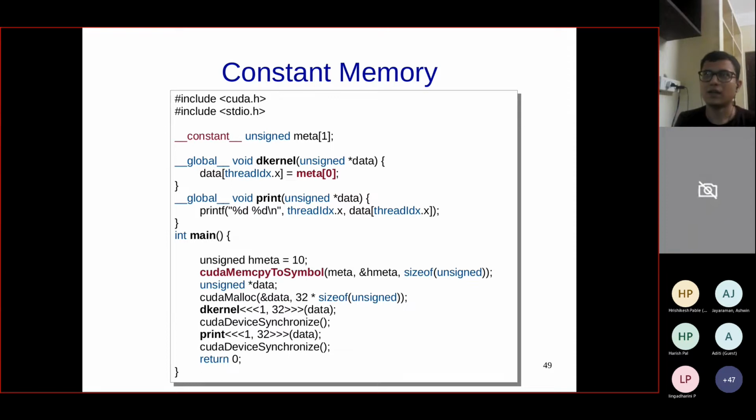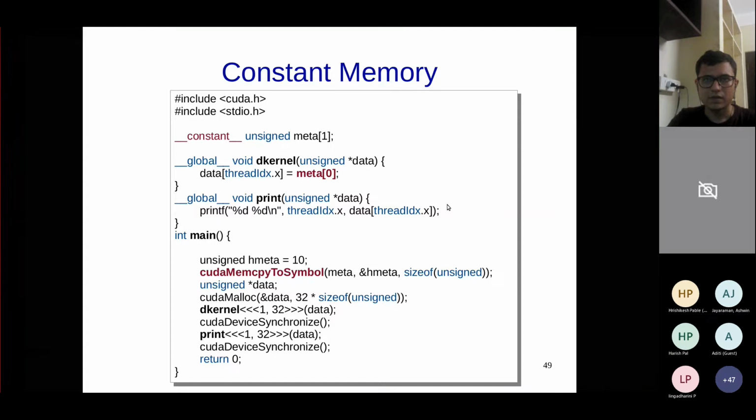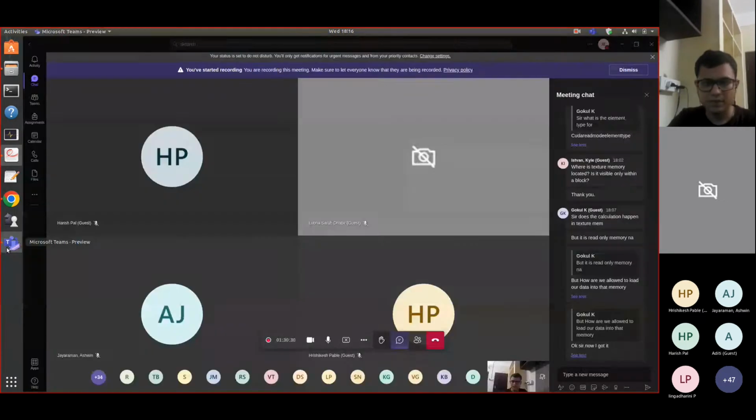Each and every element from 0 to 31 will have value 10 inside this data array after this kernel launch. After that we have cudaDeviceSynchronize, and then we are printing the data. Again we have cudaDeviceSynchronize, and then we return. So I hope this is clear. This program will print 10, 32 number of times. Any confusions till this point on constant memory or any aspect related to it?